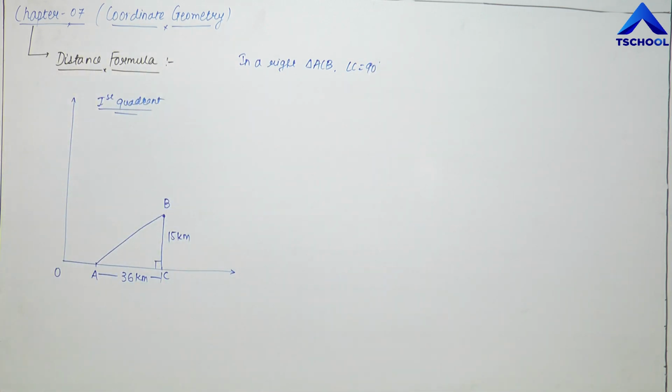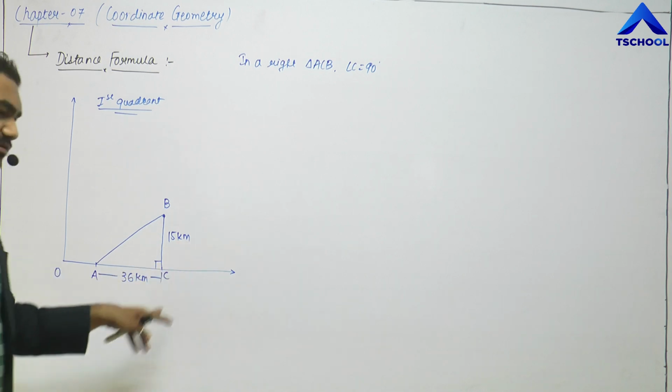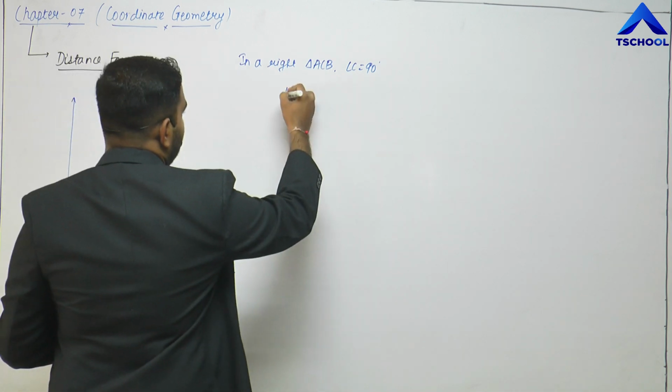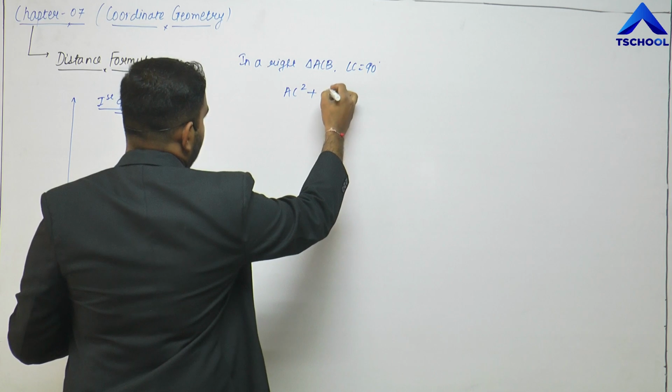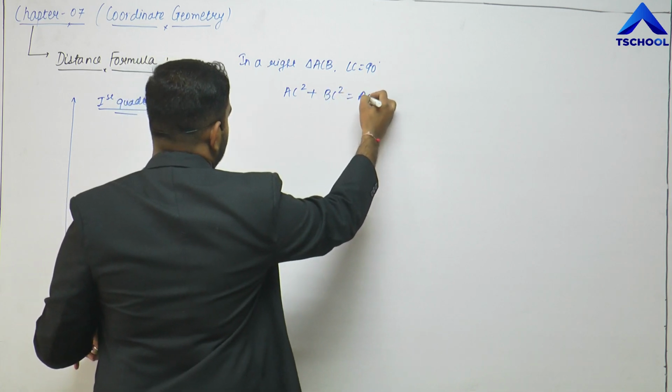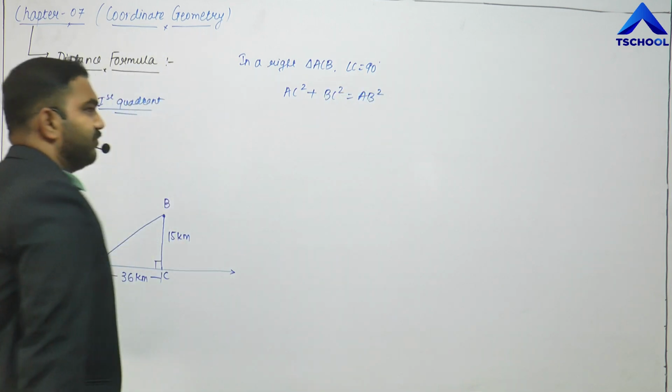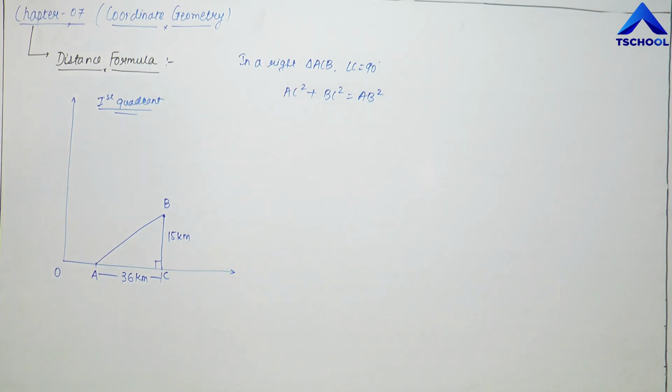If in a right angle triangle two of the sides are given, then we can simply write AC square plus BC square is equal to AB square. The sum of the squares of the sides making the right angle is equal to the square of the third side.